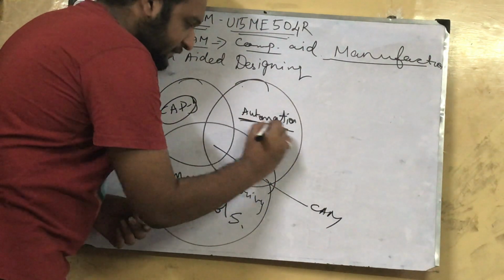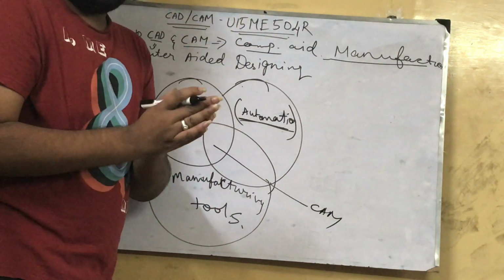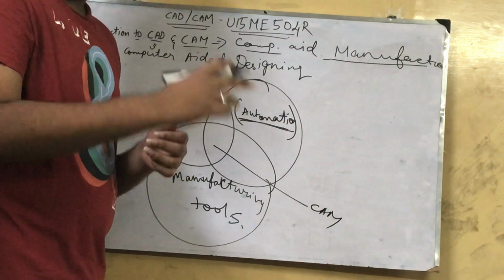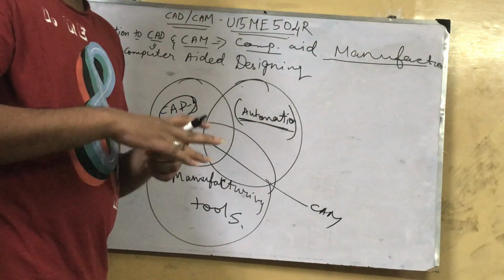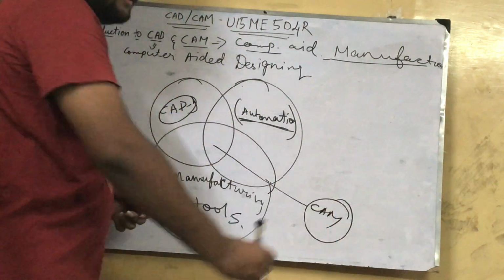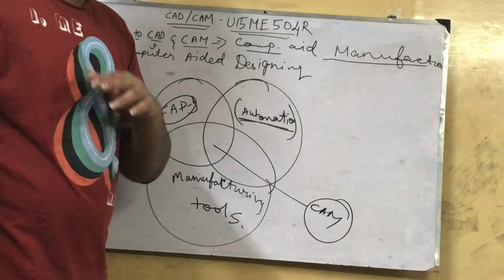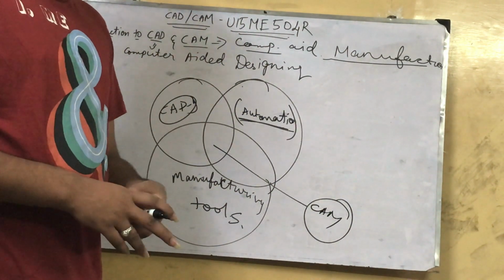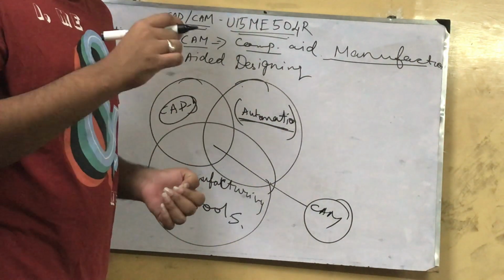the automation. The word automation refers to the product you are manufacturing having the capability to be scalable, and it should be easy to manufacture. Those are the two things required for CAM. With automation, if you are making a product by computer aided manufacturing, the CNC plays a vital role.